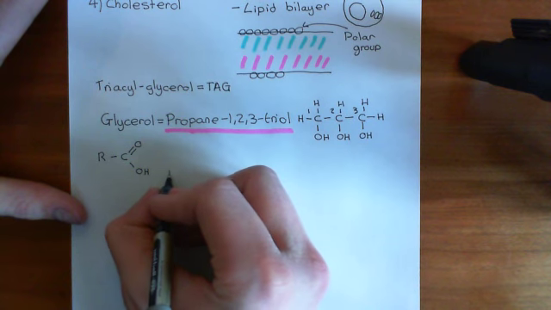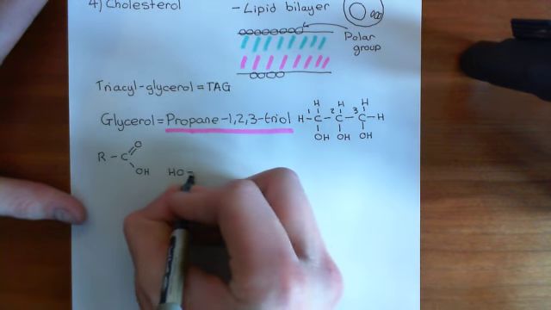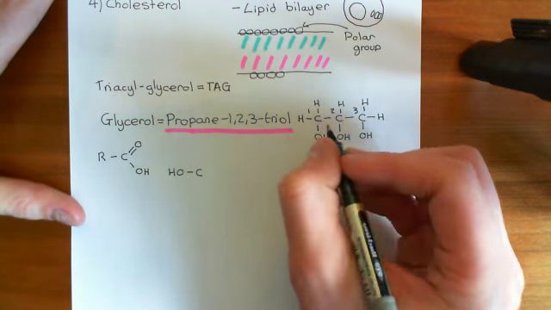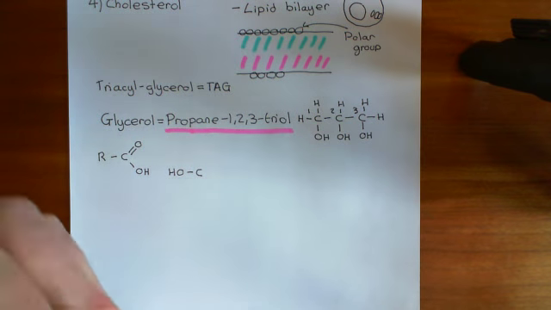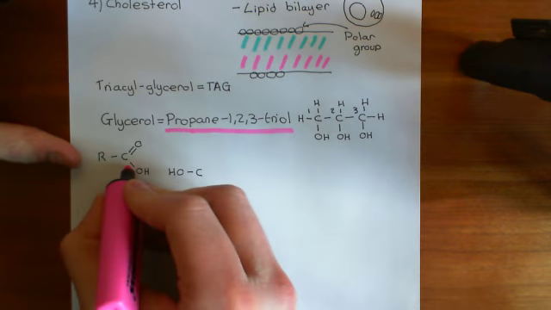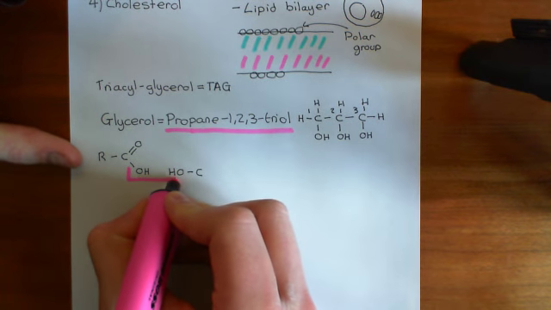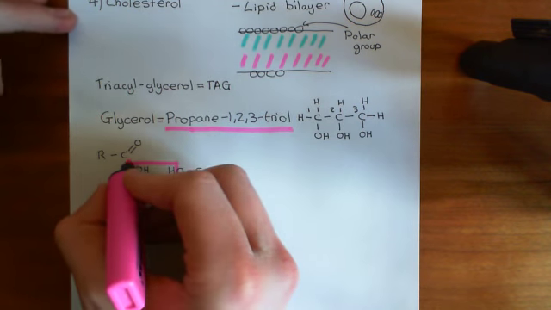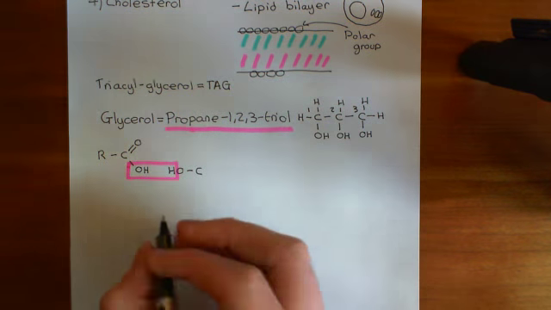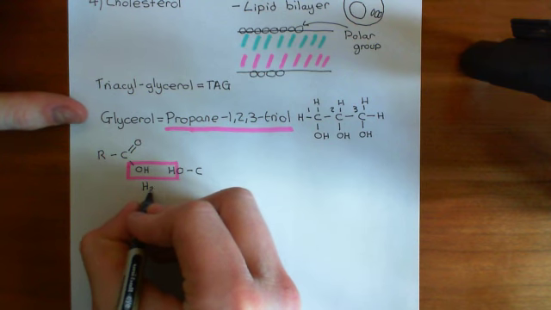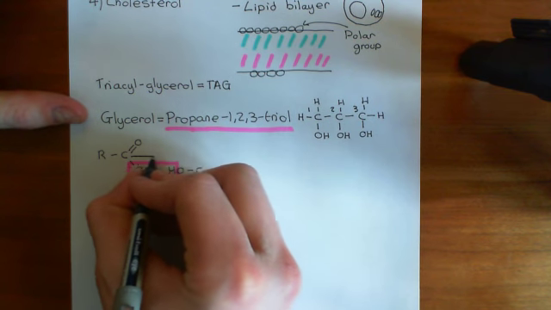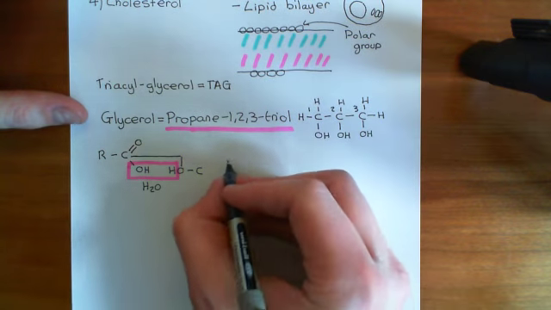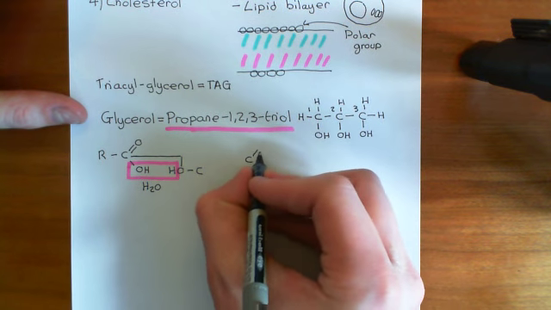Hopefully you know that carboxylic acids can react with alcohol groups to form what are known as ester links. The reaction consists of taking the alcohol group off the carboxylic acid group, taking the hydrogen off the alcohol group, binding those two together to produce water, and then binding the carbon of the carboxylic acid molecule to the oxygen of the alcohol group to create what's known as an ester link.